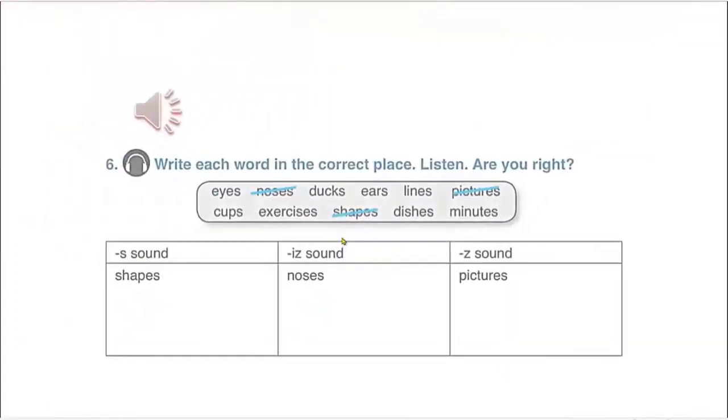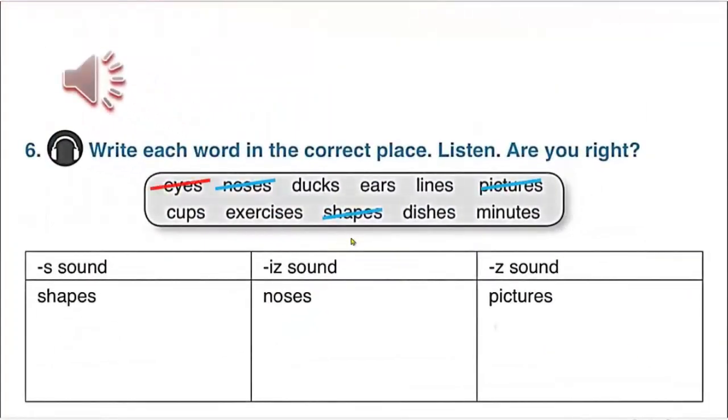Let's check your answers. Workbook, page 26. Exercise 6. Write each word in the correct place. Listen. Are you right?